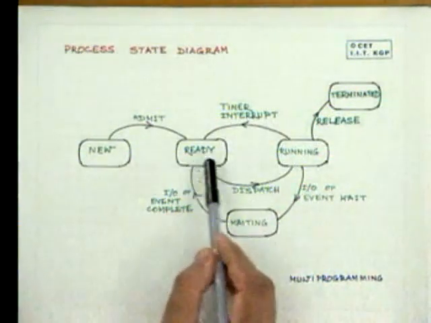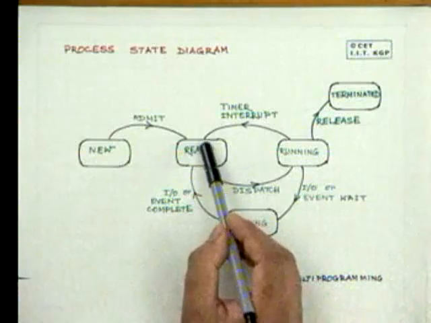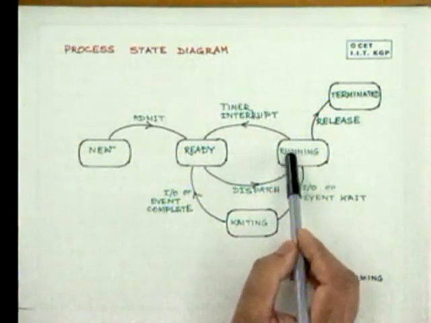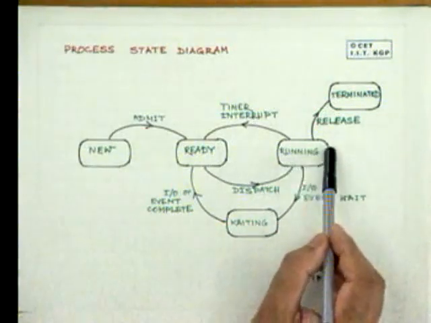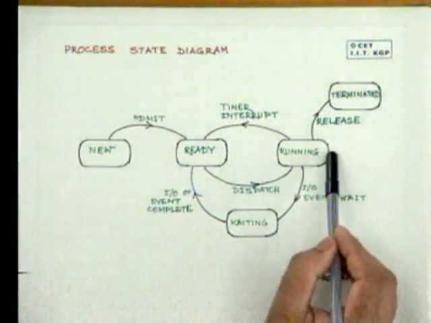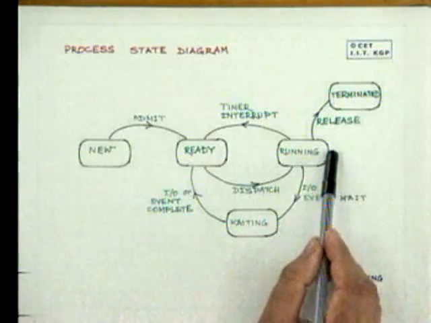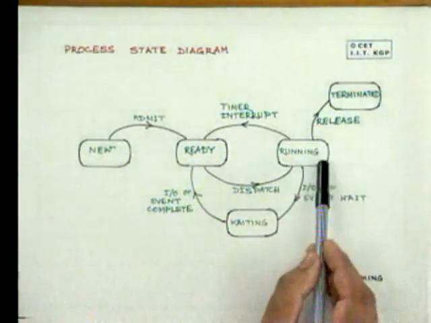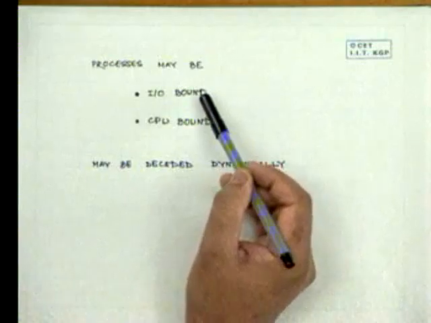So the scheduler can take a CPU bound job and give it to the processor for a longer duration, so that the processor remains busy. Otherwise, the chances are that the processor will go to the idle state.